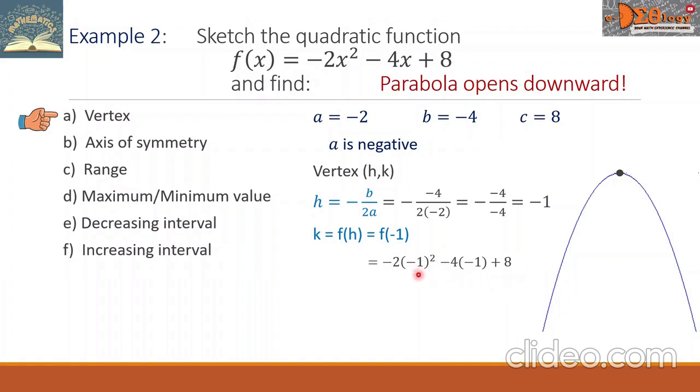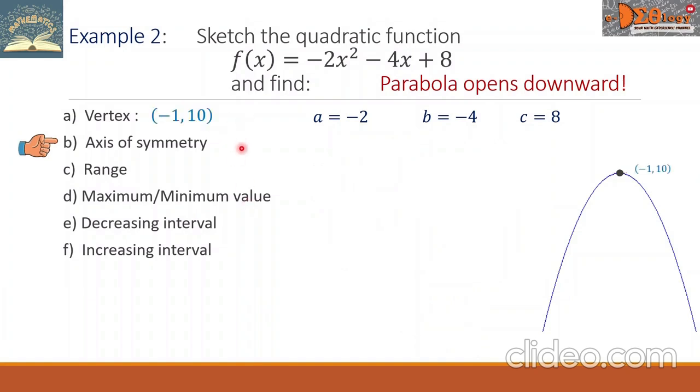The square of negative 1 is positive 1. Negative 4 times negative 1 is positive 4, then plus 8. Negative 2 times 1 is negative 2, then plus 4, then plus 8. Finally, the answer is 10. This is our k. So the vertex is negative 1, 10. We write this answer opposite letter A.